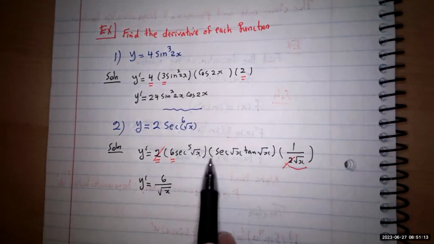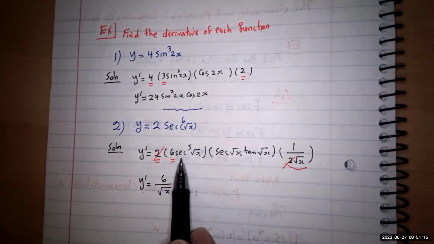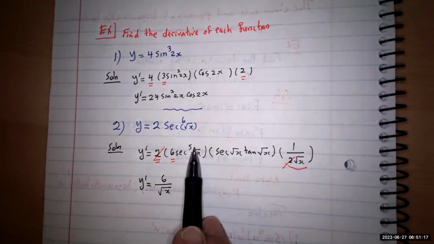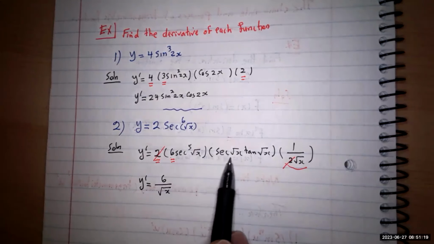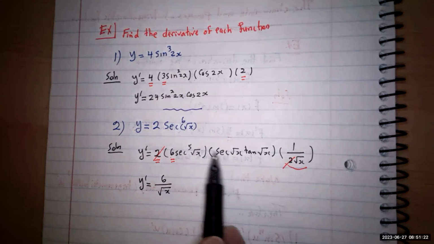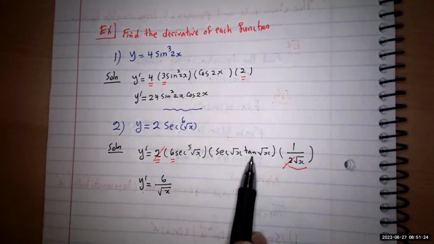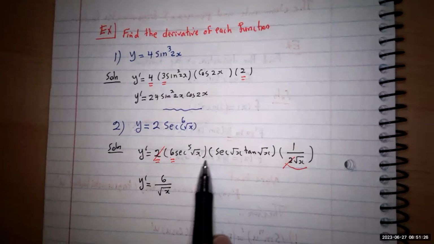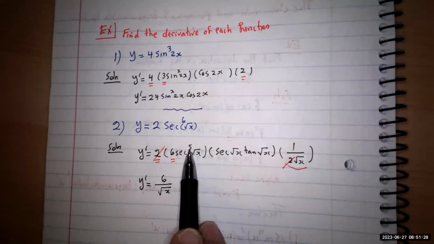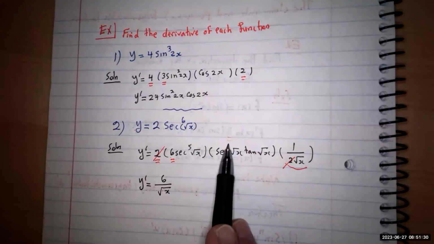Now, in the case of the secant, your extra job here is, you see, this is secant to the 5th. There's always going to be a leftover of a secant here, because the derivative of a secant is secant tangent. So take care of this one too. Secant to the 5th power, secant to the 1st power. 5 plus 1 would be 6.